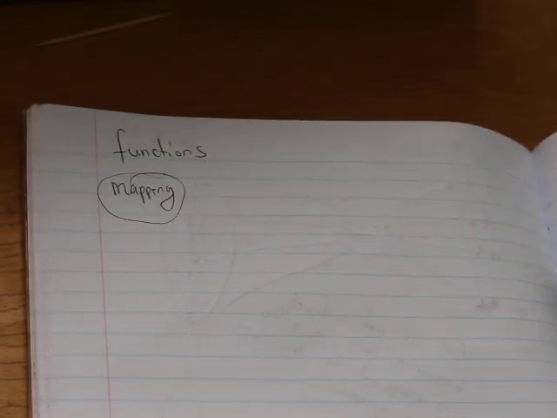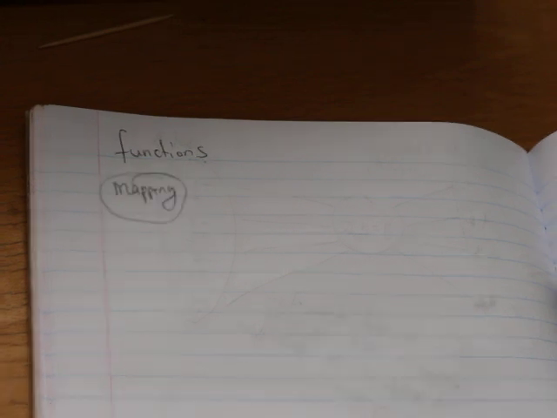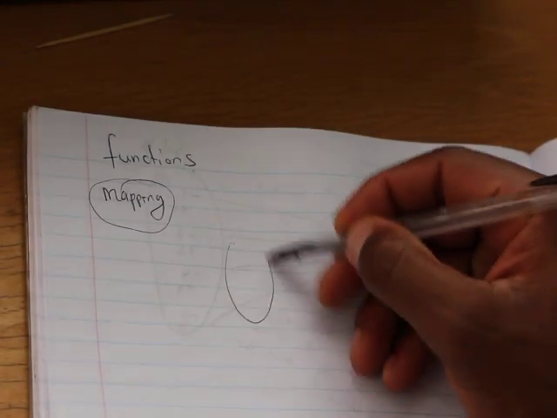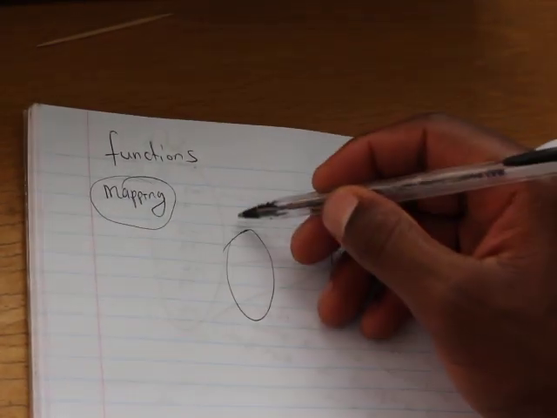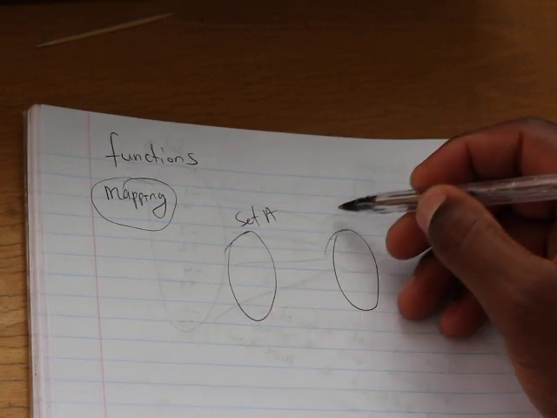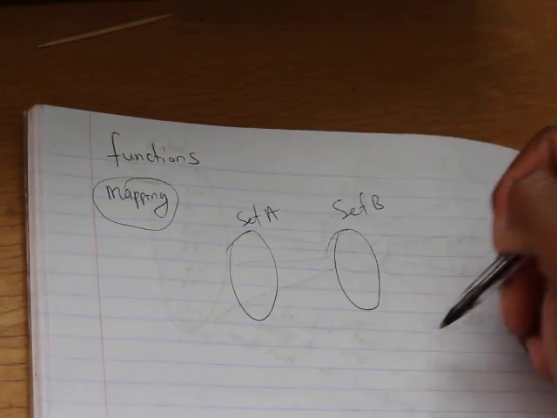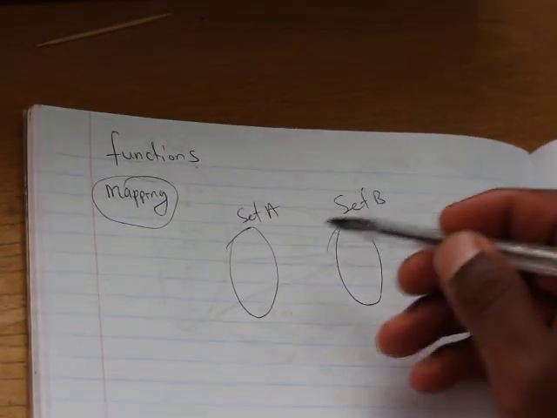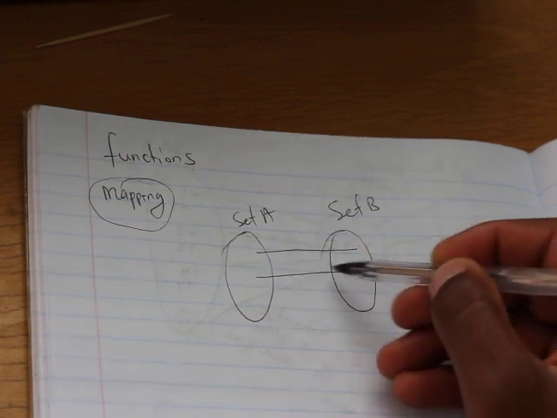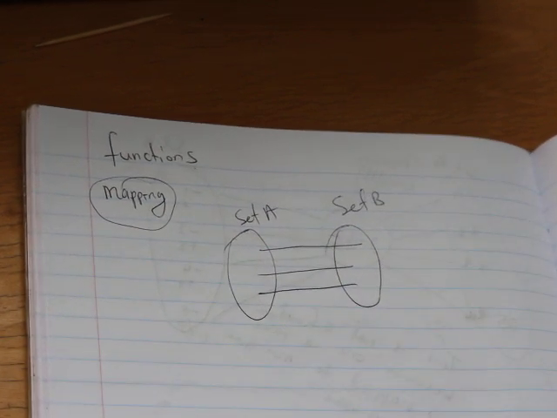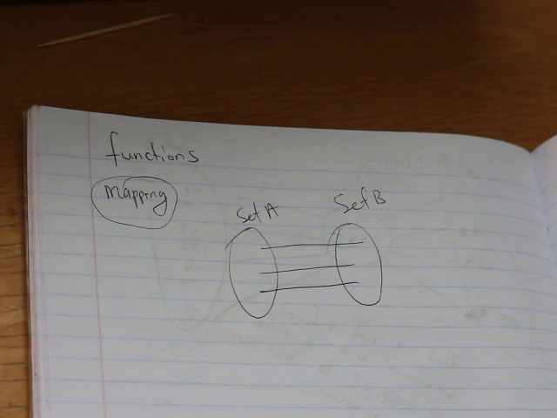Remember, we spoke about the definition of a function, that when you've got set A and set B, depending on the relationship between the two, we'll be able to tell whether this is a function or not.